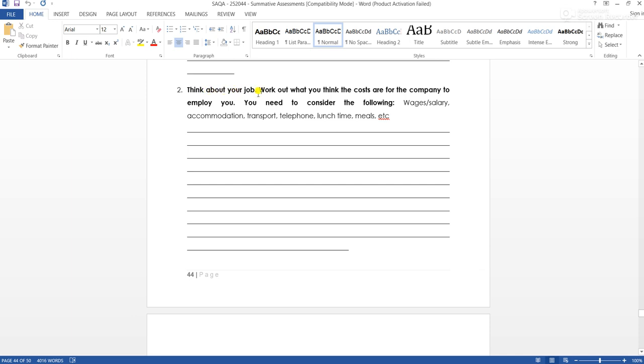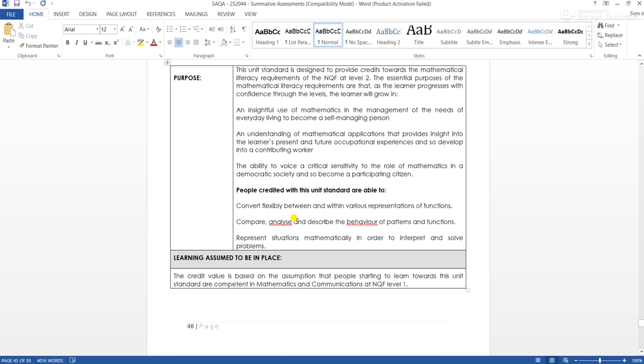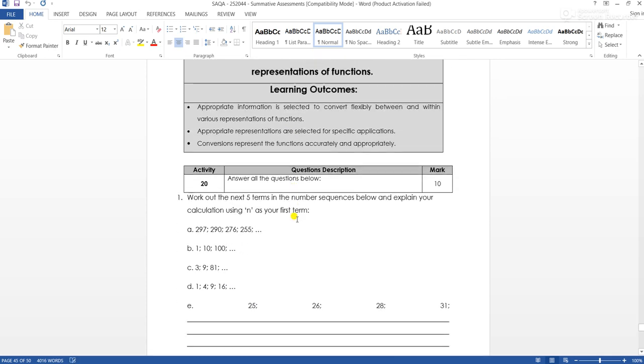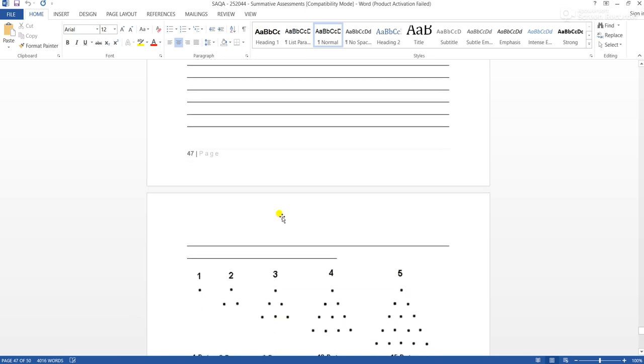Number 2, think about your job, work out what you think it costs the company to employ you. You need to consider the following wages. These are the same thing. You just have to extract your answers from your formative and paste them into your summative. Unit 5, same thing. This is what you need to do.